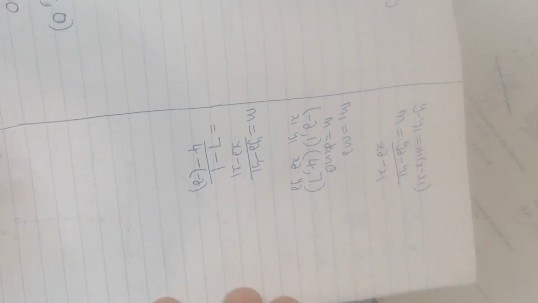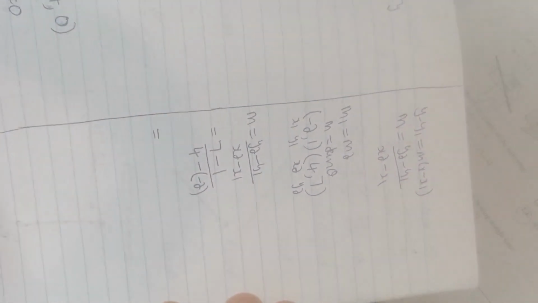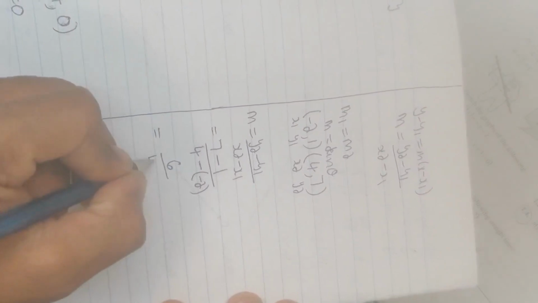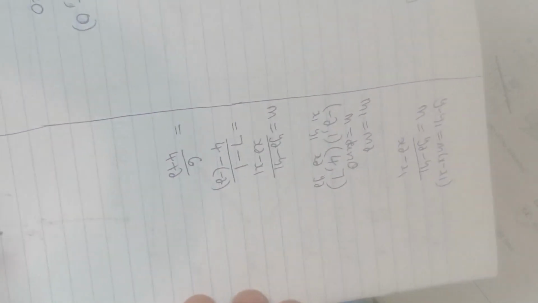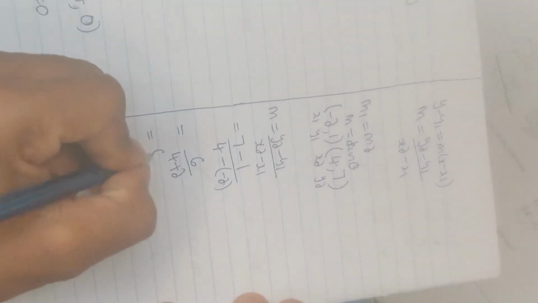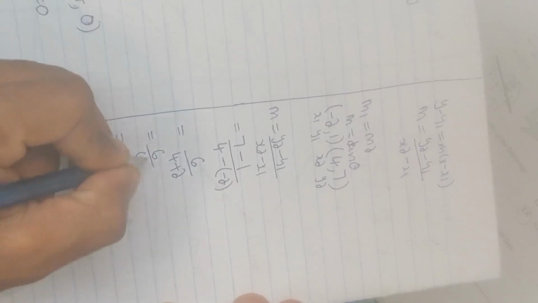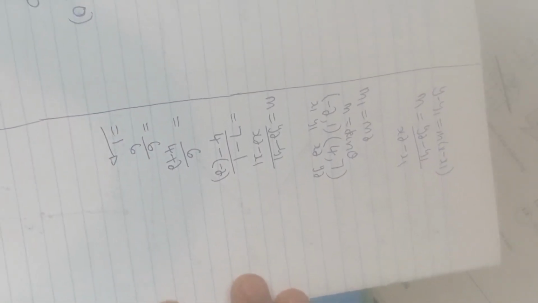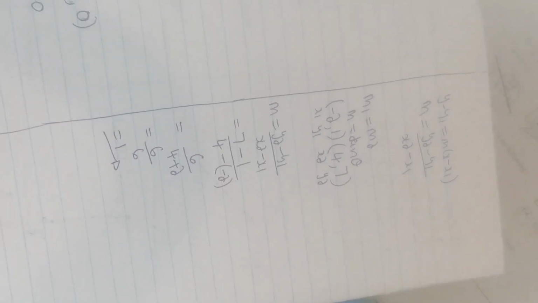This is very, very important. What is 7 minus 1? That is 6. Negative times negative is a positive. And you would find 6 divided by 6. 6 into 6 goes once. And this is what you find as your gradient.